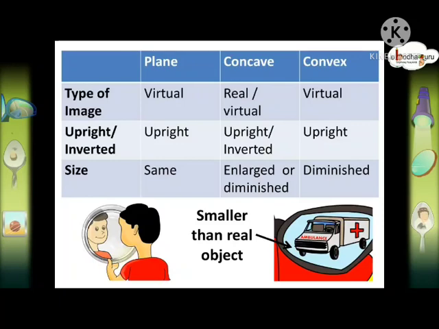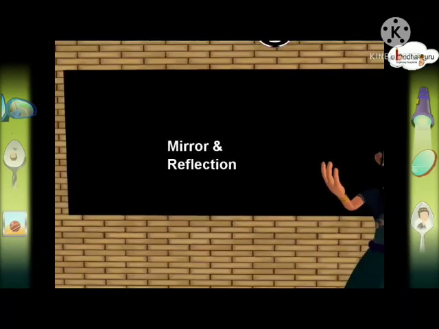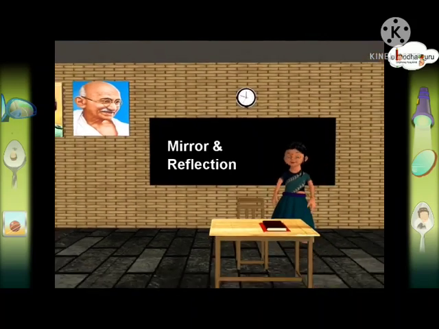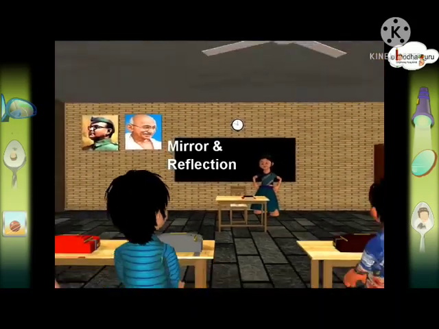But the concave mirror can produce a diminished or enlarged image depending on the distance of the object from the mirror. And the image in the convex mirror is always diminished compared to the object. So that was all about the mirror and the reflection. Bye bye children.